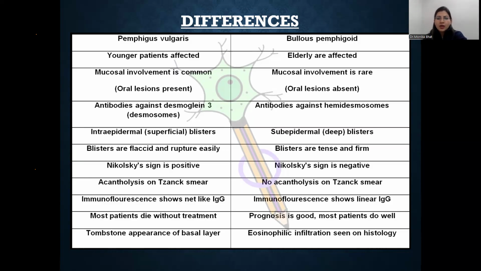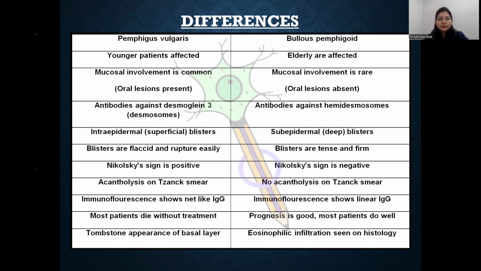So the differentiating features between pemphigus vulgaris and bullous pemphigoid are: vulgaris is usually seen in young patients, while bullous pemphigoid is seen in elder patients. Oral lesions are not seen in bullous pemphigoid, while oral lesions can be appreciated in pemphigus vulgaris. Antibodies work against desmoglein 3 in pemphigus vulgaris, while in bullous pemphigoid, antibodies work against the hemidesmosomes.